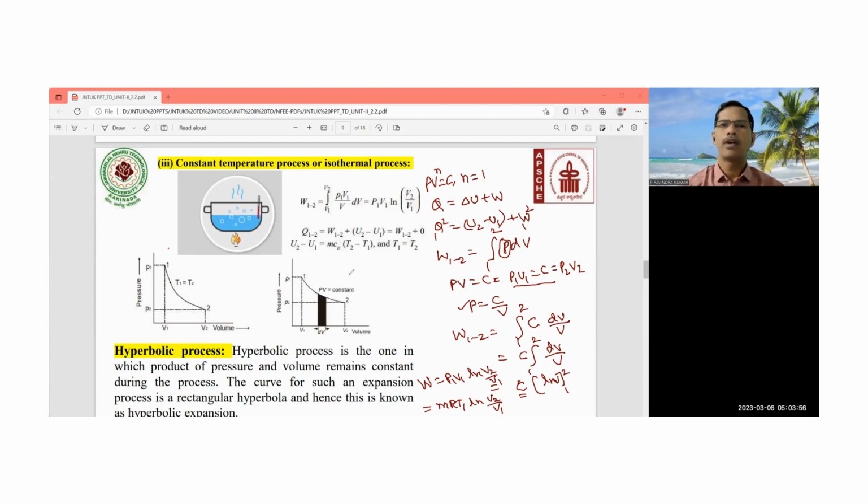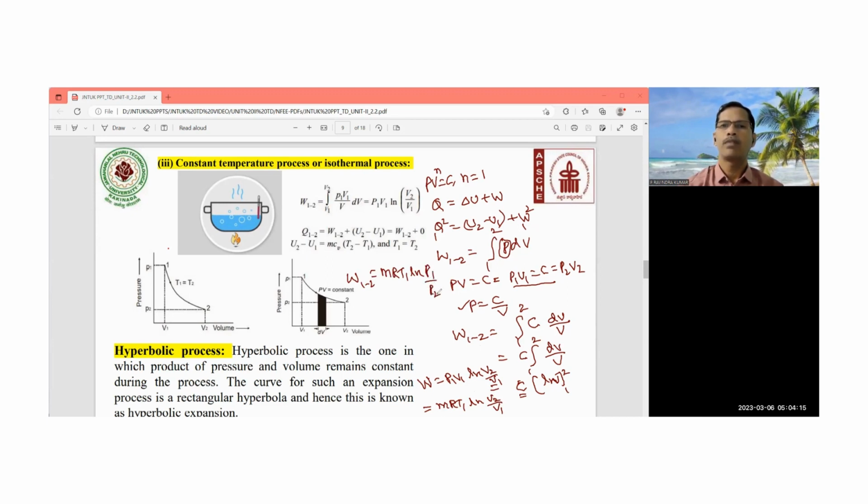In terms of the pressure, you can also write it as MRT1 ln. The volume and the pressure are inversely proportional, so here you will get P1 by P2.